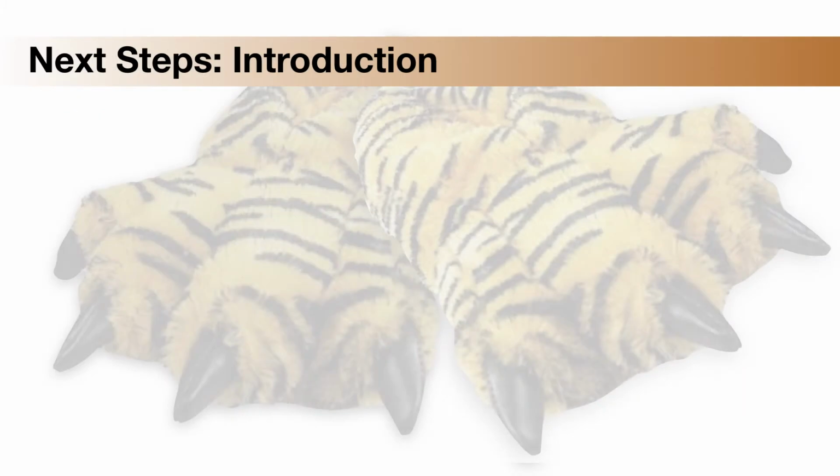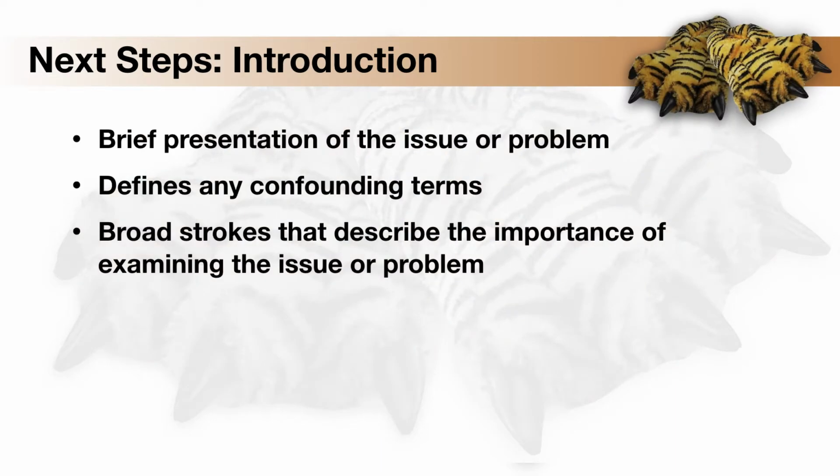By the end of this semester, it is expected that you'll complete your introduction, writing a brief presentation of the issue, defining any terms that may need explanation as one reads your report, and providing broad strokes that describe the importance of examining this problem.